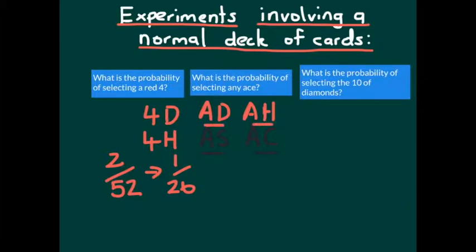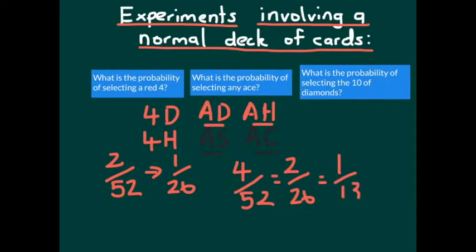So therefore, the probability of selecting any ace will be 4 out of 52. And again, I can probably halve that. I can have 2 out of 26. Further again, 1 out of 13. So there is 1/13th chance of pulling out any ace from a deck of cards.